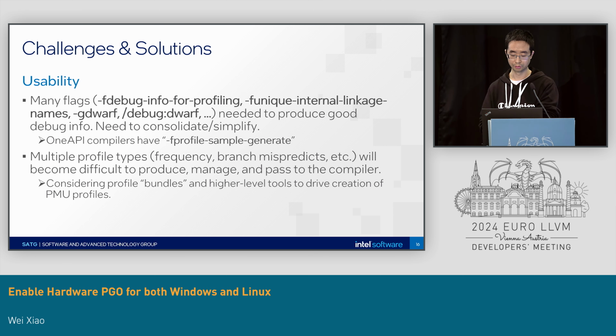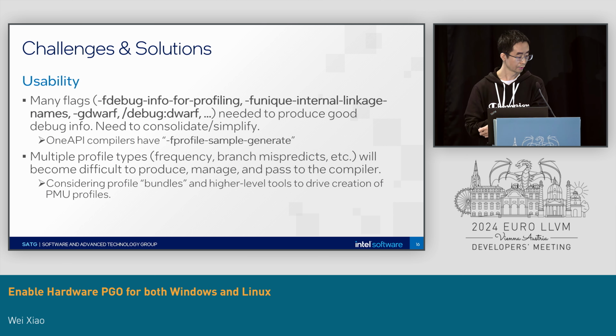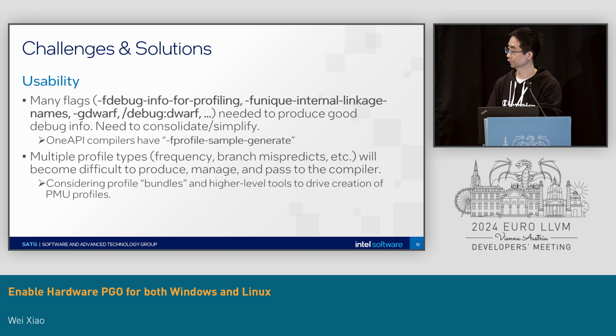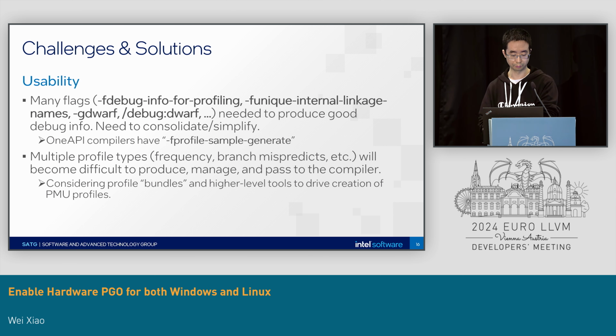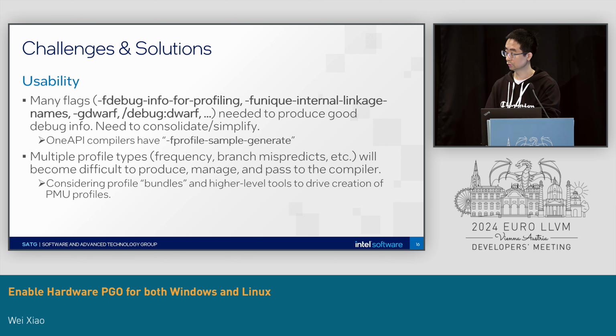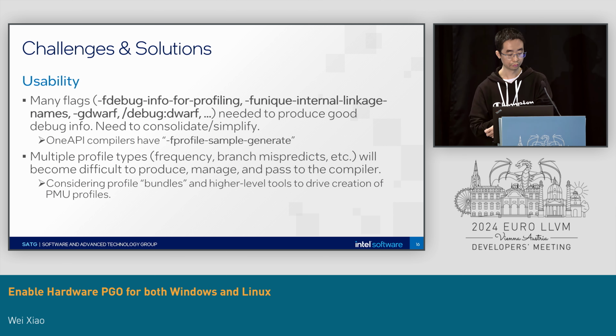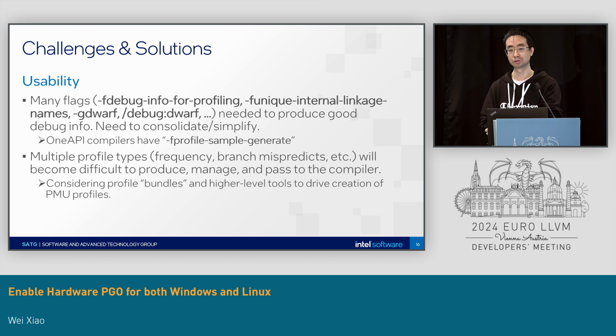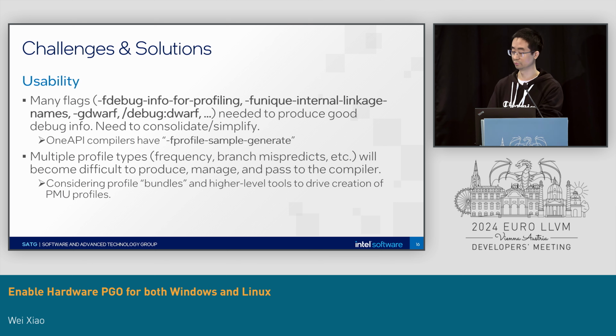It would also be very difficult for the LLVM profgen and the Clang toolchain to produce, manage, and pass a lot of profile types, such as the profile for frequency, the profile for misprediction, profile for cache miss, and so on. So we are considering some profile bundle solution, and we plan to post the RFC to the community very soon, to discuss with the community.